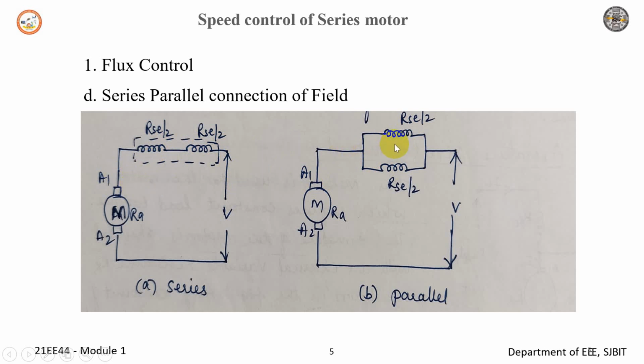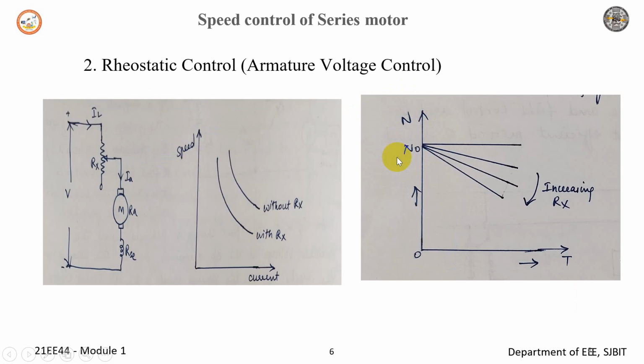Only some fixed speeds can be obtained by this method. In parallel grouping, the MMF produced decreases and higher speed can be obtained, and it is generally used in fan motors.